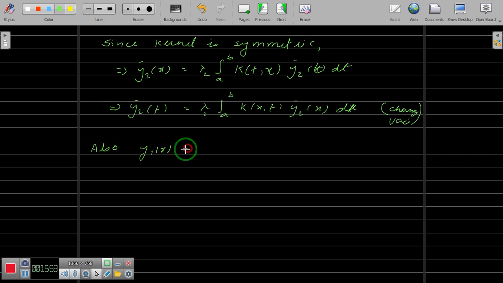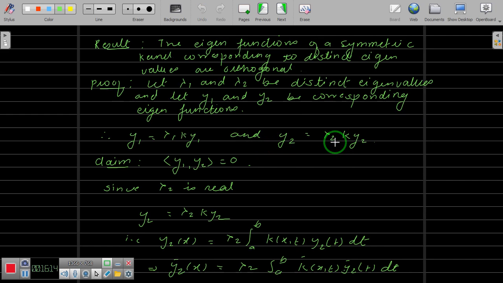y1 of x is equal to lambda 1 integral from a to b k(x, t) y1 of t dt. Remember your aim is to show that the inner product of y1 and y2 is 0, that is, the integral of y1 y2 bar is 0. That's your aim.